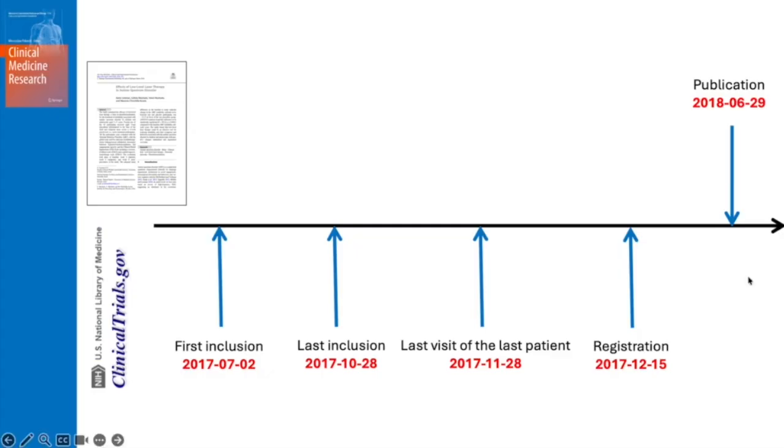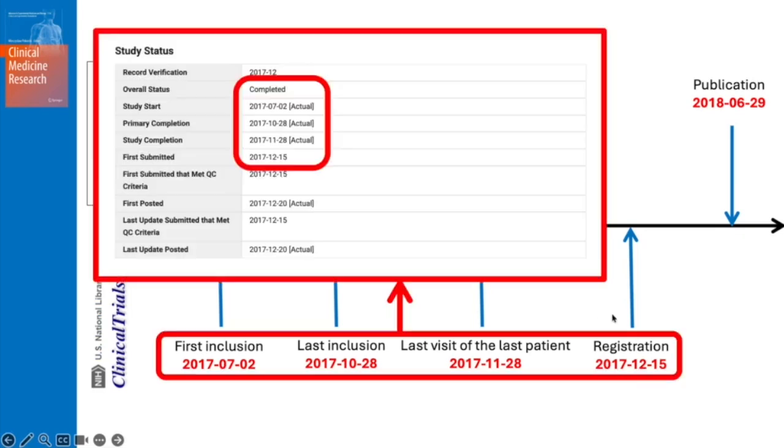Again, we have this problem with retrospective registration. You can easily find all those dates on clinicaltrials.gov. You can see that the study start was in July 2017, and then the first submission of the registration was on 27 December. So you can see here the issue of retrospective registration.